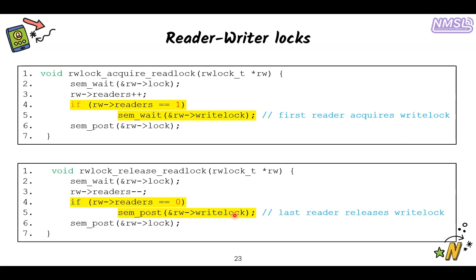So while reading, if I'm the first one to read, I'm going to hold that write lock while still releasing the lock so the others can read, right? As long as they're readers, writing is blocked, right? And then the final reader who gets out of there releases the write lock, right?